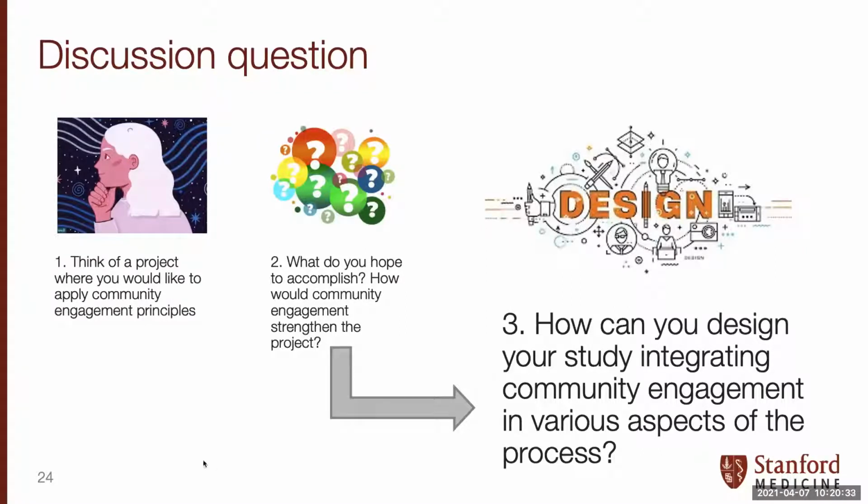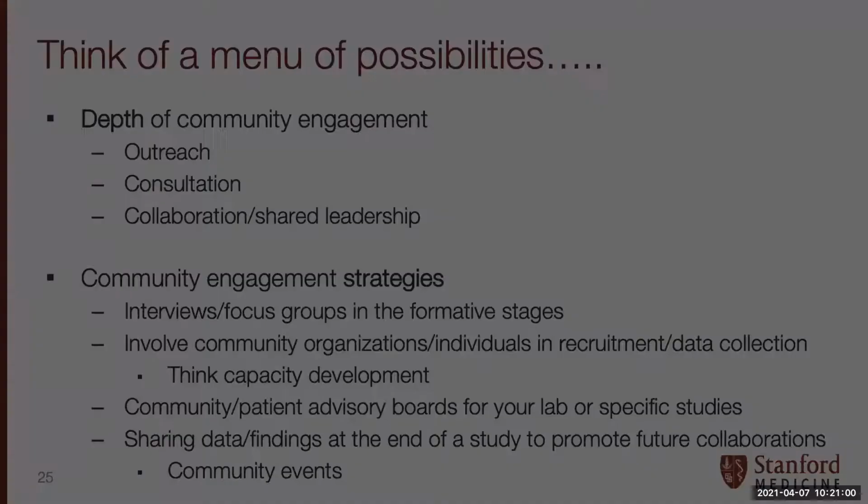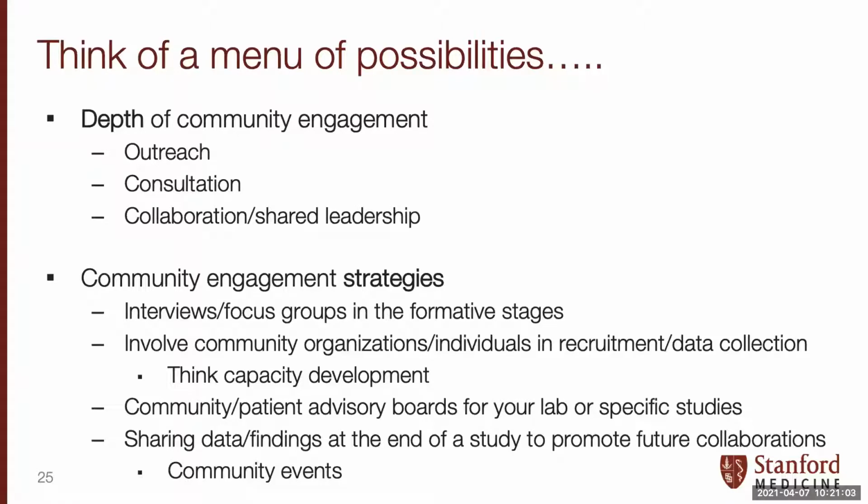Yep. So we talked a little bit about the studies and what you hope to accomplish. Next is trying to think about how you can integrate community engagement to help you in those aims that many of you described. This is the more complicated piece, and the one we're here for today: what are some of the tools that you can use? I like to help you think of this as a menu of options.